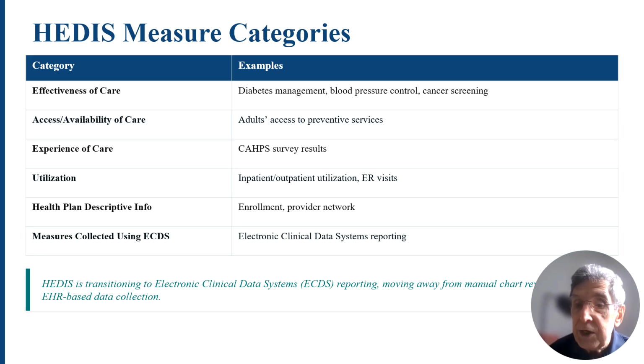HEDIS is actively transitioning from a model where data quality was collected through manual chart reviews and administrative claims to one where data flows directly from the electronic health records or other sources into the data warehouses, and everything can be done automated electronically. So the transition to ECDS is exactly why database skills are becoming more critical for quality teams. The data is in the database, but someone has to write the queries to be able to extract it and measure.